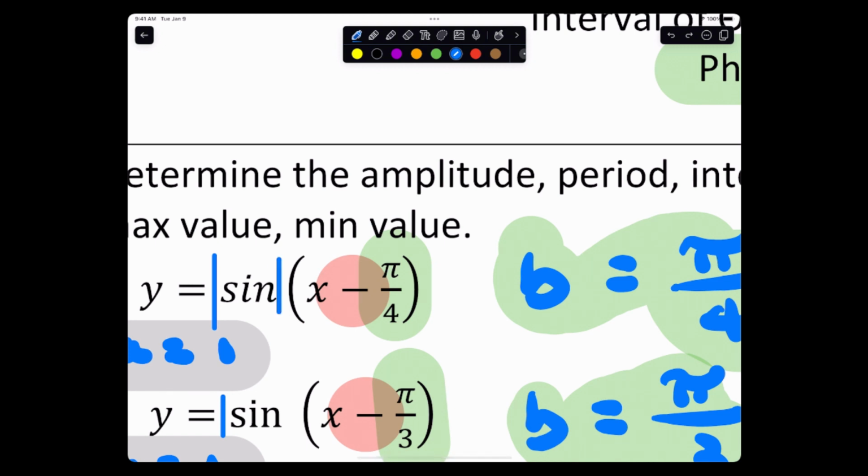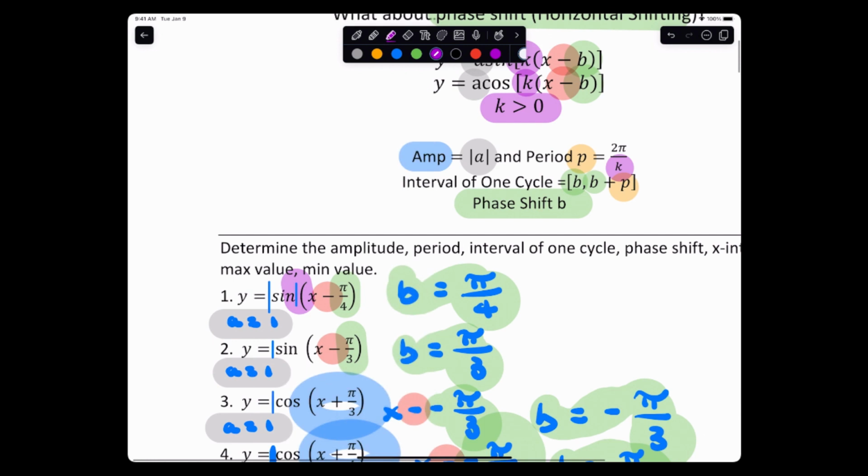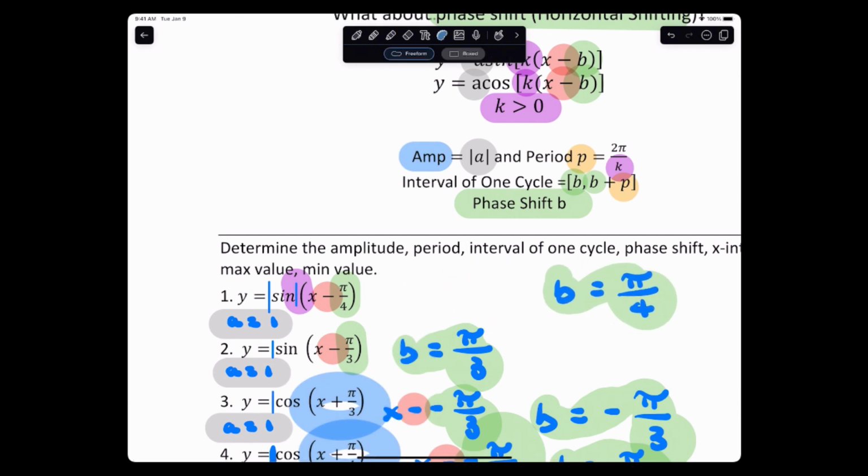I can put a 1 there as well. Now that one is not A because it's in front of that X. It's between the sign there, right? So K here is what? 1. You guys with me on that? So I'm going to move this here, and I'm going to put the K as 1.